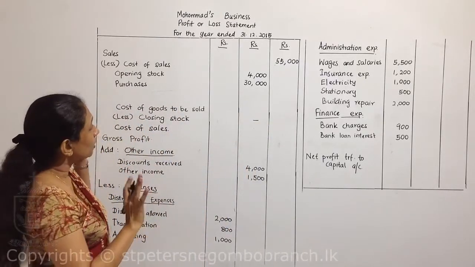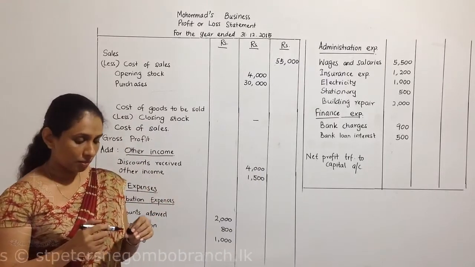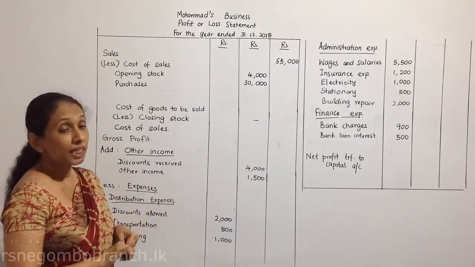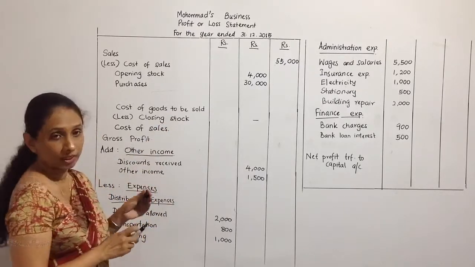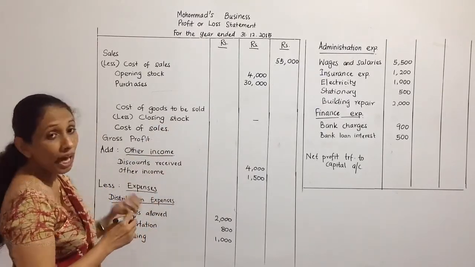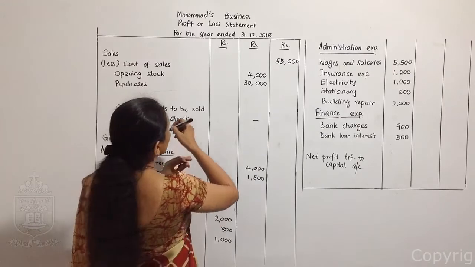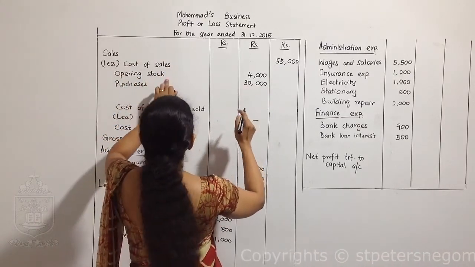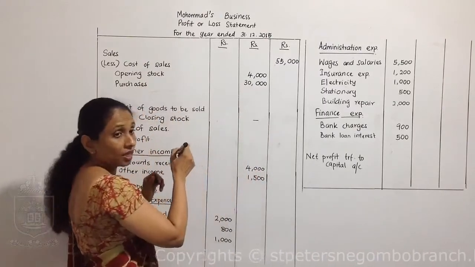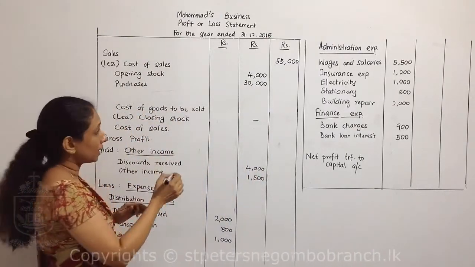So we have put whatever the ticked line items, all income and expenses figures, for the profit or loss statement. Now we have to do the additions and subtractions. So here we have the opening stocks and purchases, no other purchases related expenses.